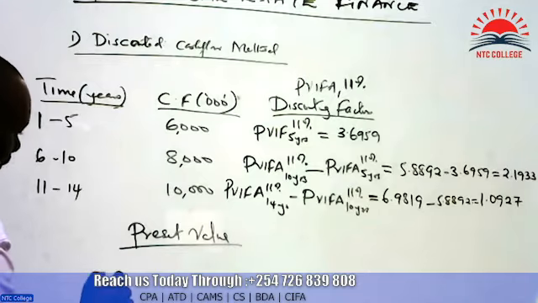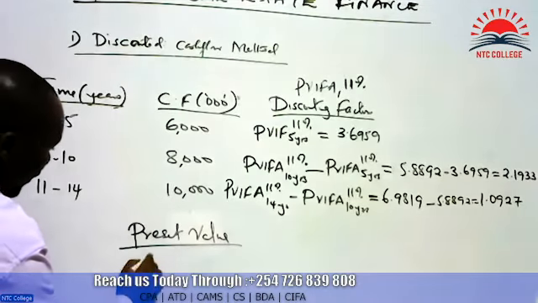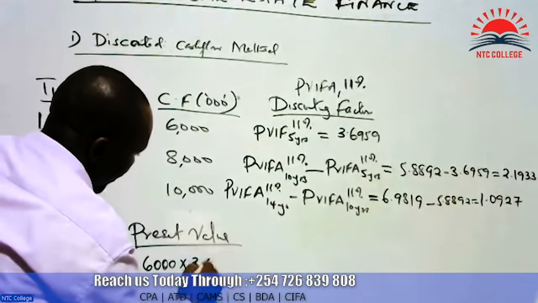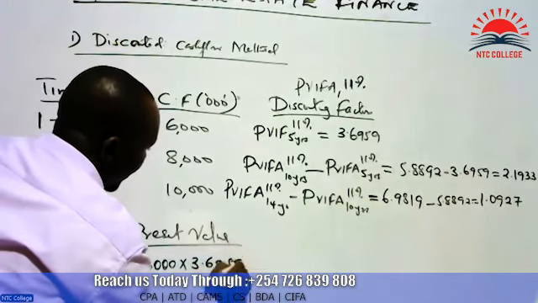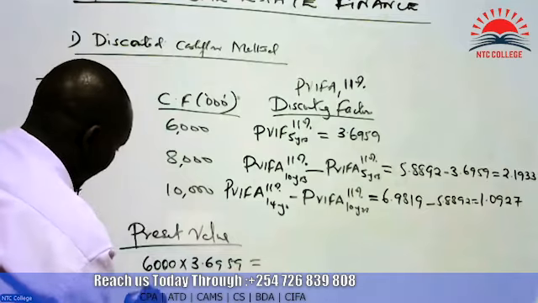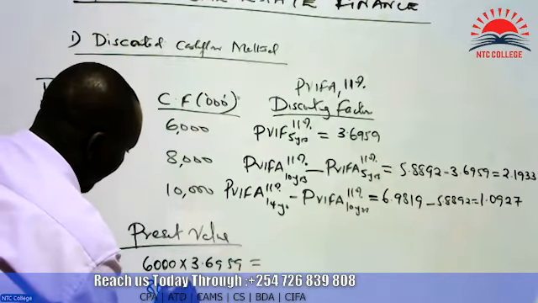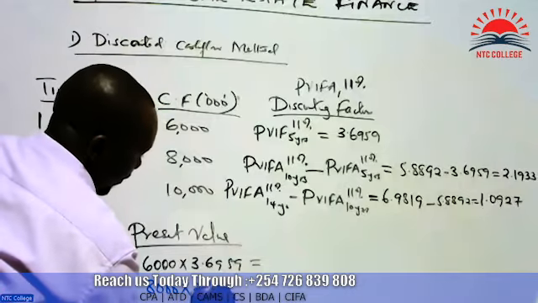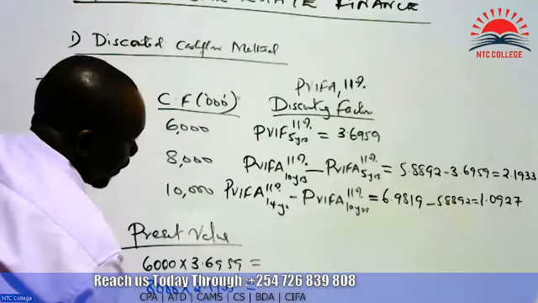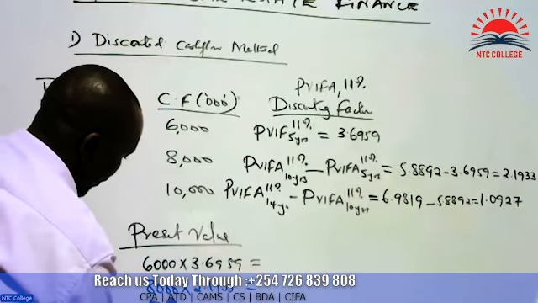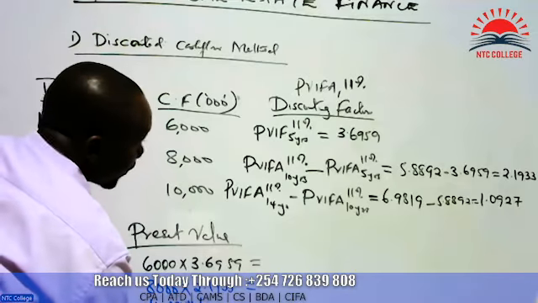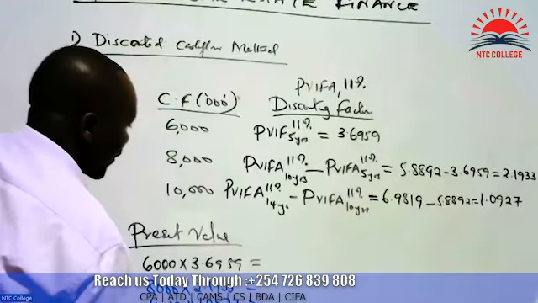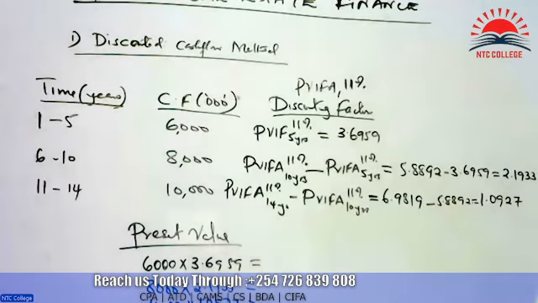You can say that the cash flow was 6,000 times 3.6959. What do you get? Then we have 8,000 times 2.1933. Then we have 10,000 times 1.0927.